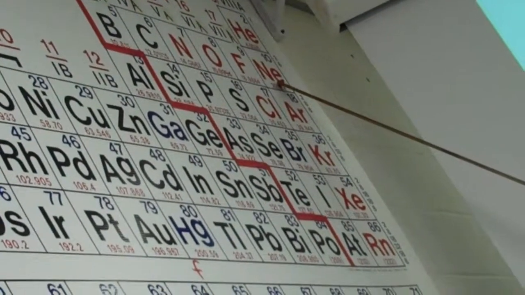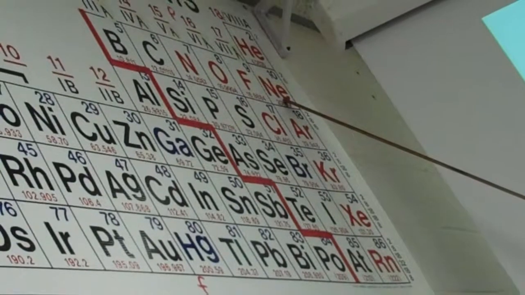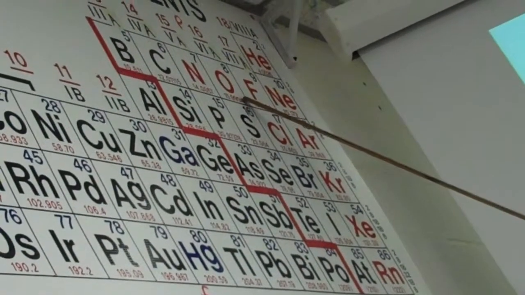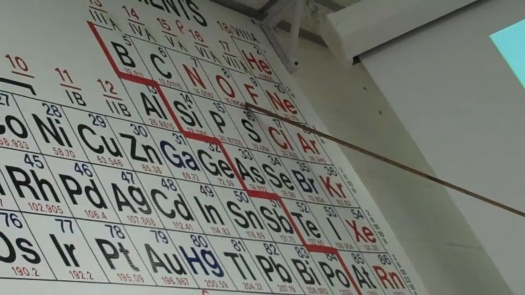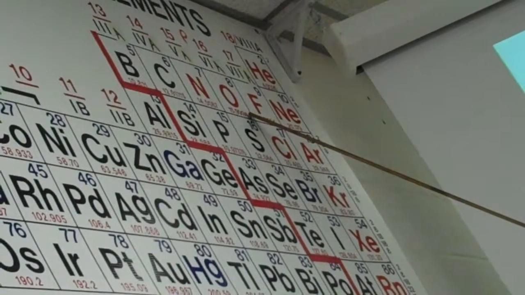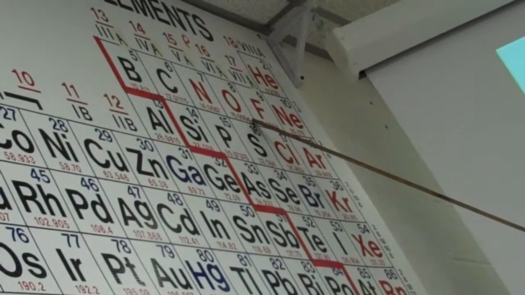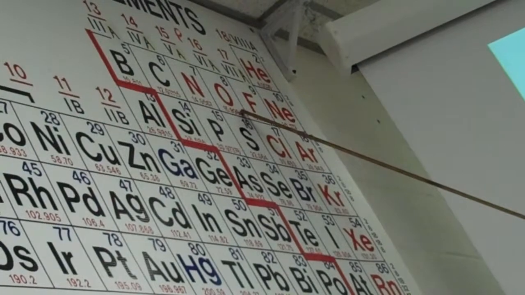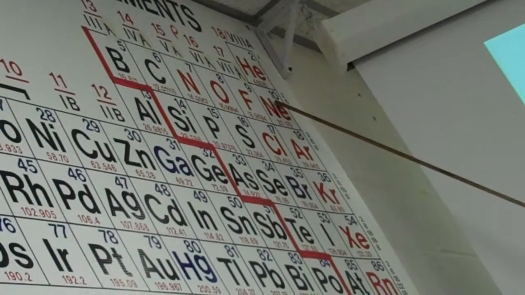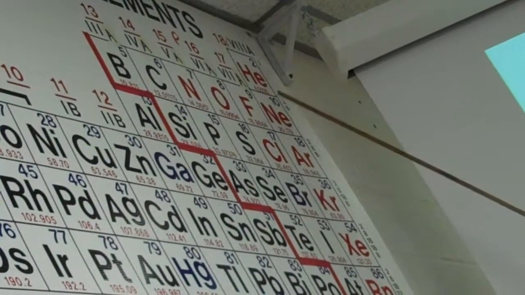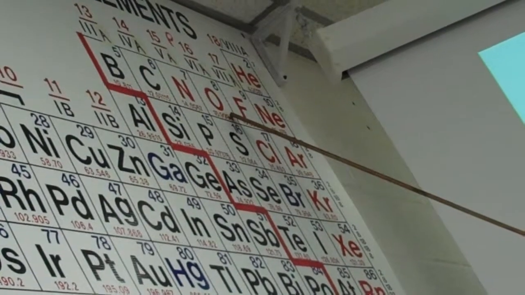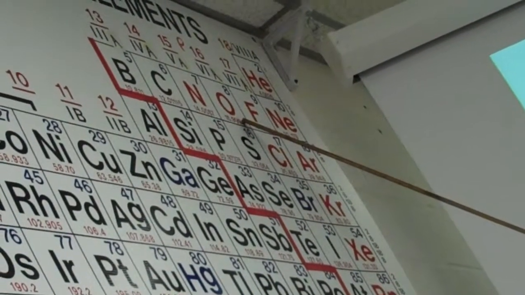That's good, because there's a drive toward stability. Okay. Oxygen would like to do what? Gain or lose electrons? Gain. How many? 2. Because if it could gain 2, it goes from having 8 to having 10. That's good. And if it gains 2, what charge does it take on? -2.